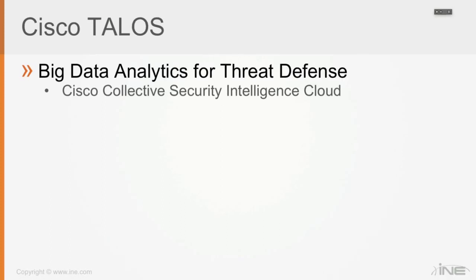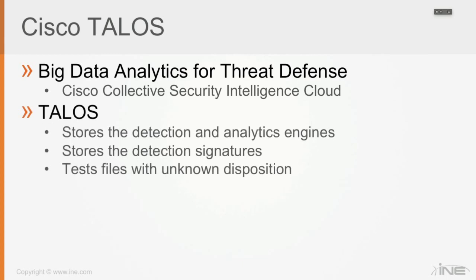So it's a big team of qualified people, and Talos also stores the detection and analytics engines, stores the detection signatures, and it's going to be the big thing that tests the files with unknown disposition.